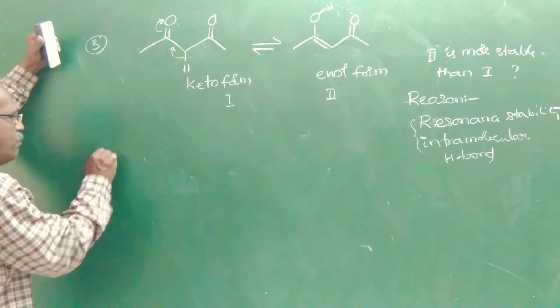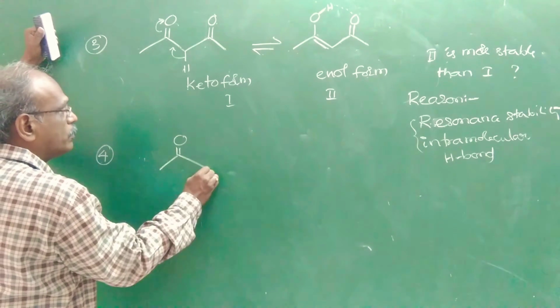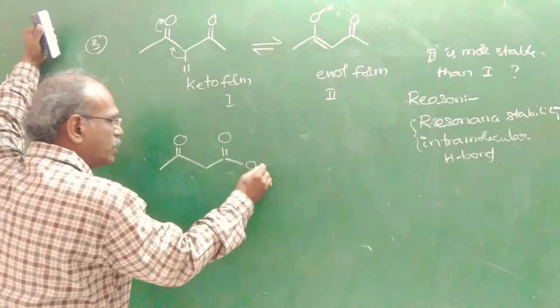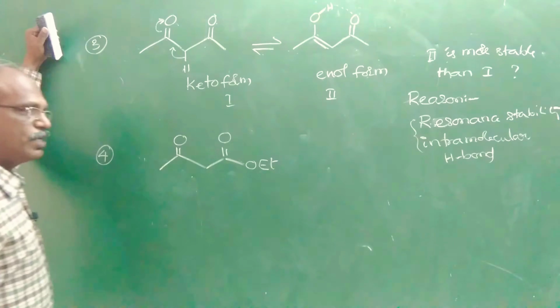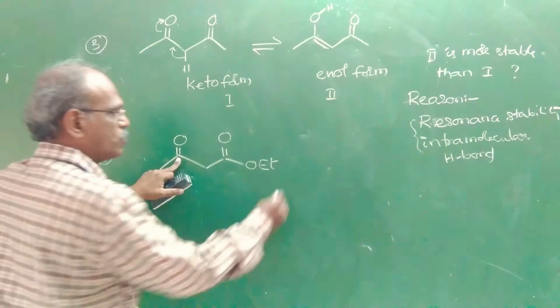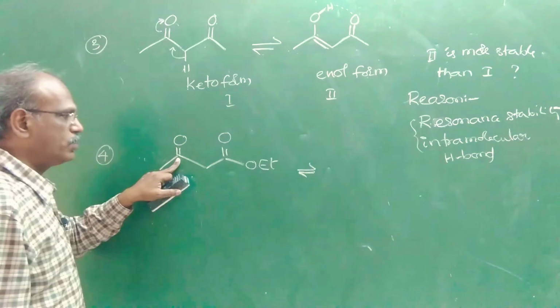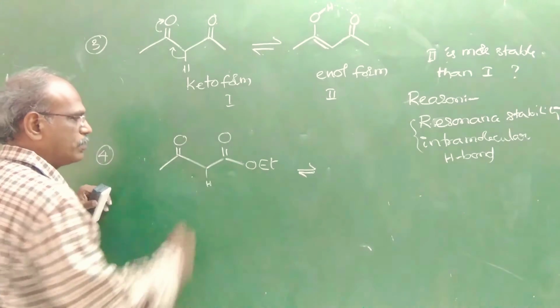Now let's see comparatively, if it is an ester, COOEt. We already saw in the first video that this C=O participates in tautomerism. Again, these hydrogens.